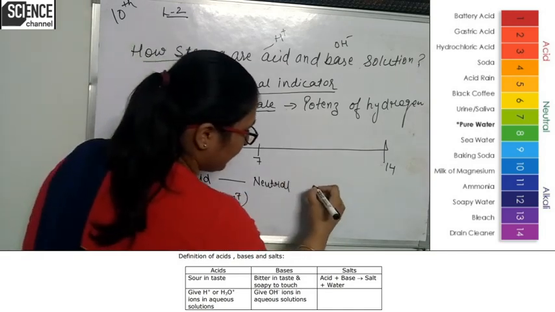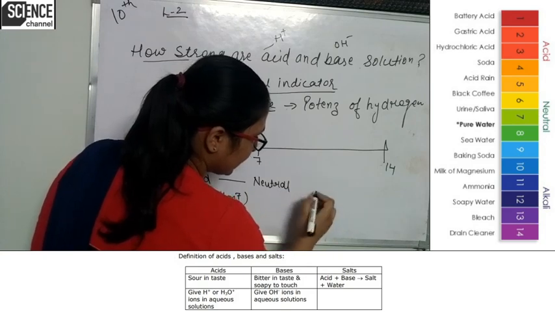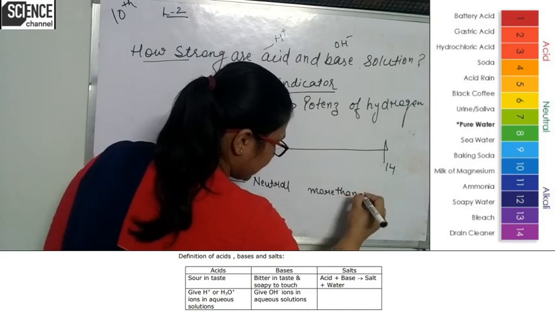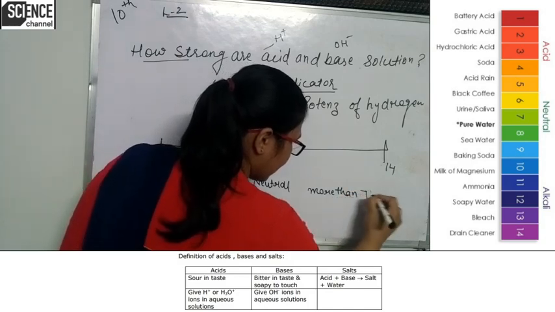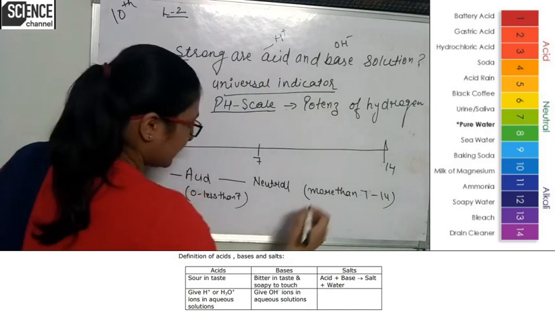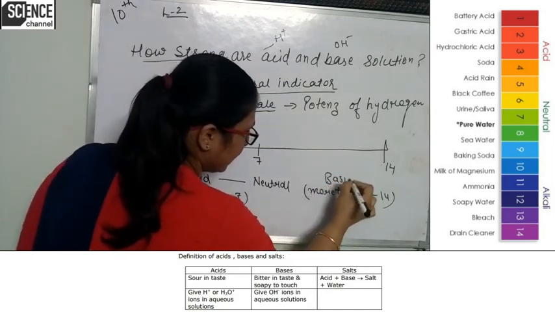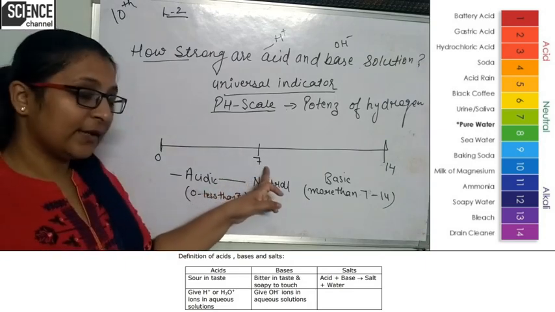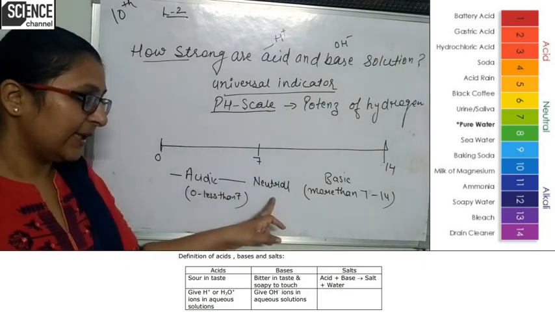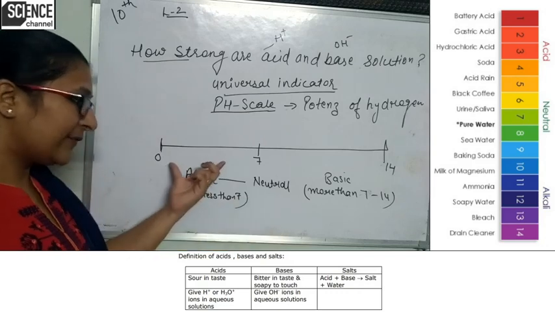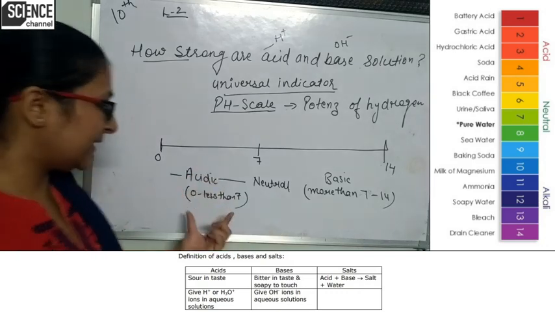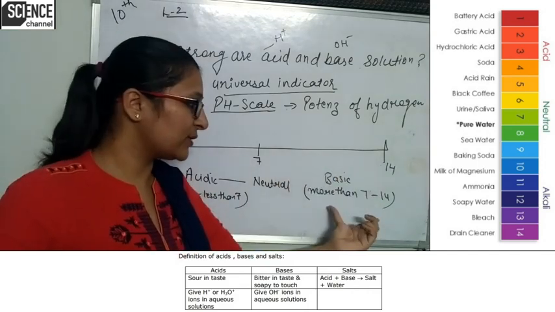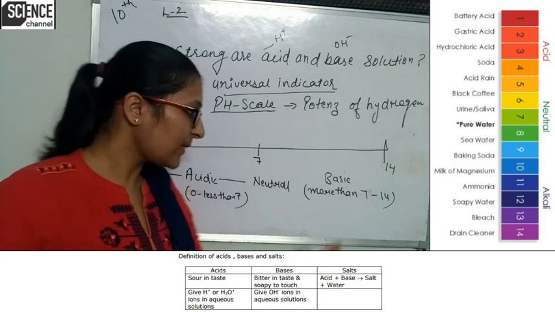If the value of a solution is more than 7, up to 14, then the solution is basic. Clear? Firstly, if the value is 7, the solution is neutral. If 0 to 7, it means acidic. If more than 7 to 14, the solution is basic.